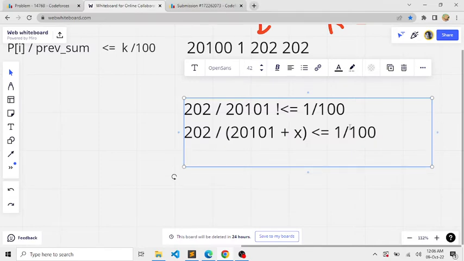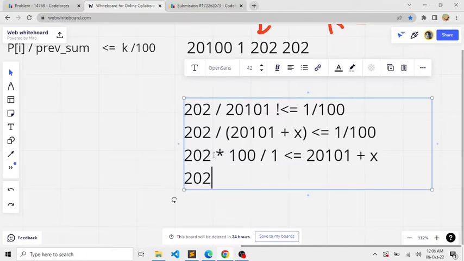Okay, so if we move this whole term to the RHS and shift the RHS to the LHS, the equation would become 202 into 100 divided by 1, and which would be 20200 is less than or equal to 20101 plus x.